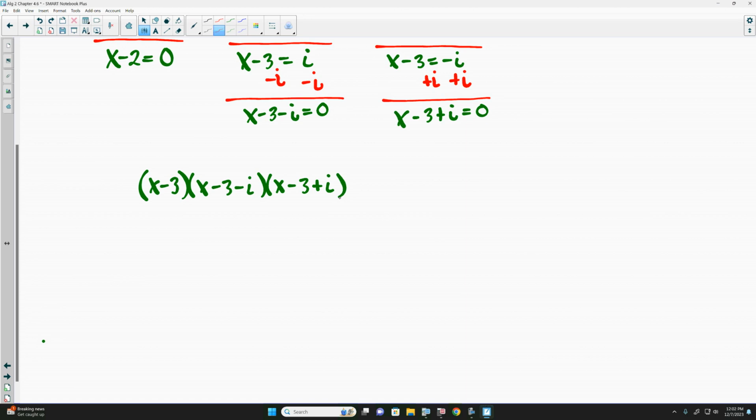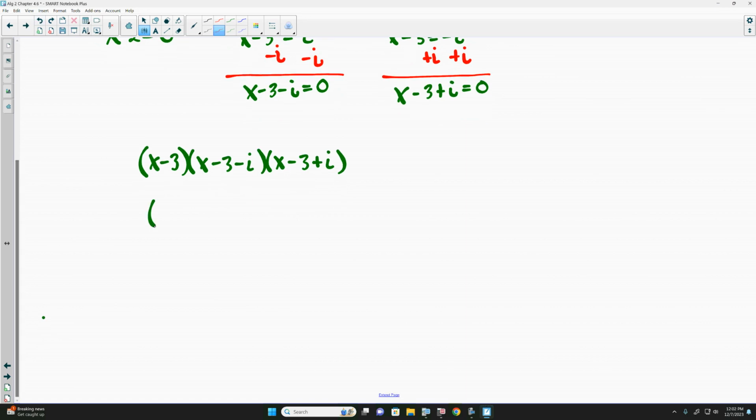Now, just like yesterday, to get the polynomial function, we're going to multiply these all back together. And just like with our radicals, I would multiply our complex conjugates, our terms, our parentheses with i together first before we multiply it with the other one. So our x minus 2 will just come down. And in our second set of parentheses, we're going to distribute the x first. x times x would be x squared. x times negative 3 would be negative 3x.